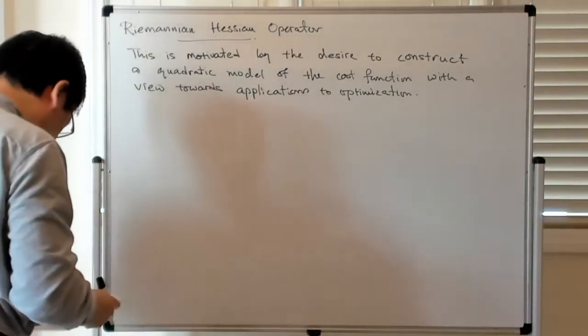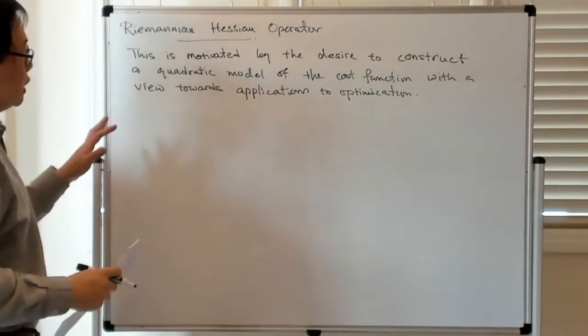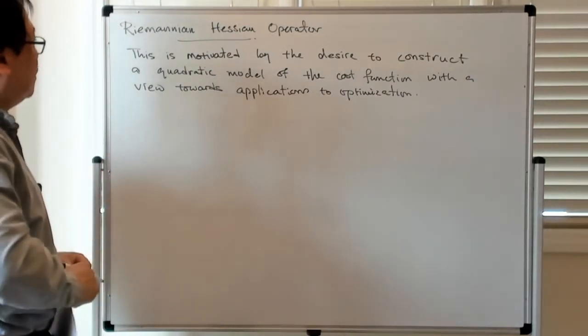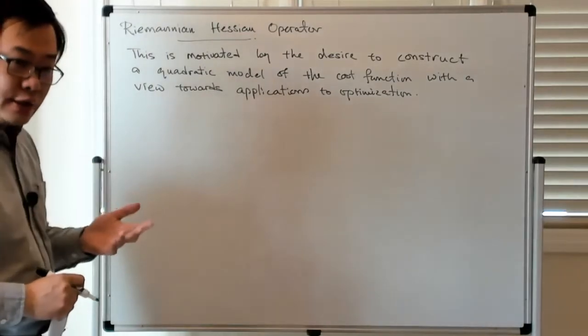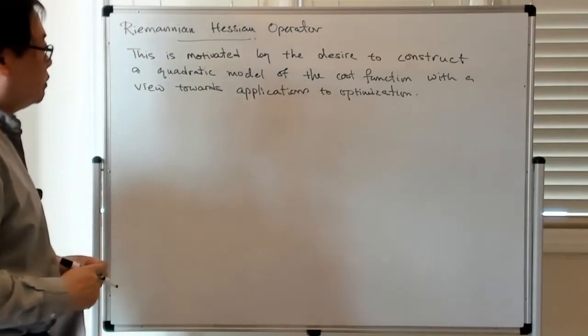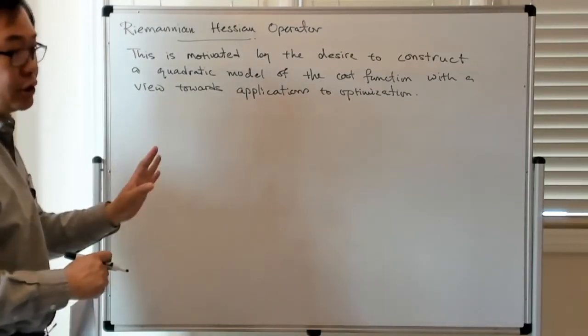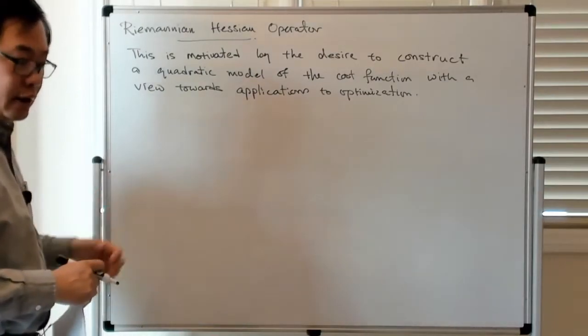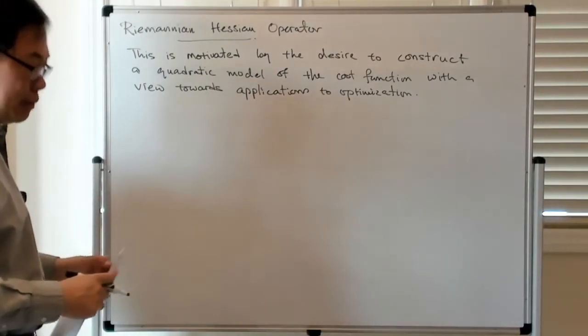Okay. So as is what we're apt to do, we're going to first try to understand what some of the properties of the Hessian operator are, that one would like to respect. What are the properties of the Hessian operator in Rn, which we would then like to express in our generalization to Riemannian manifolds?